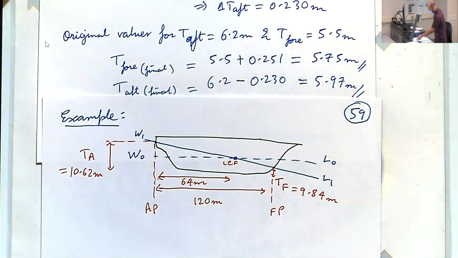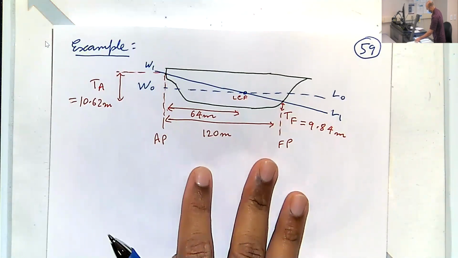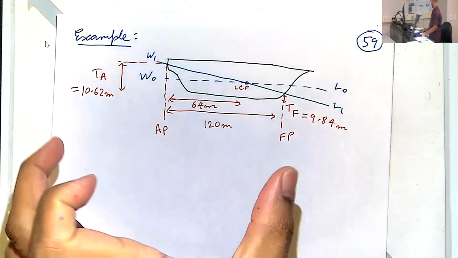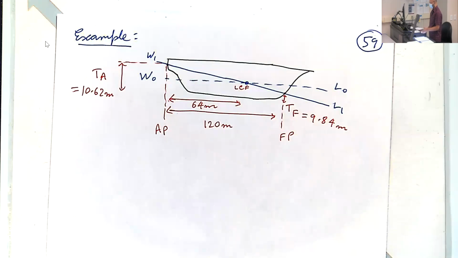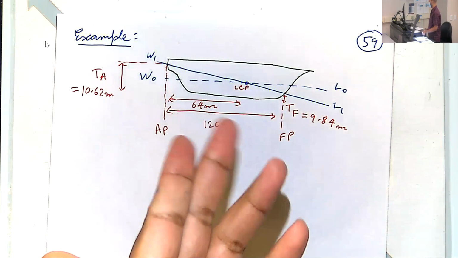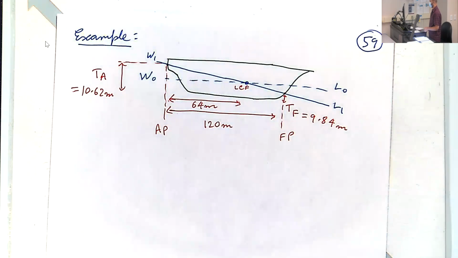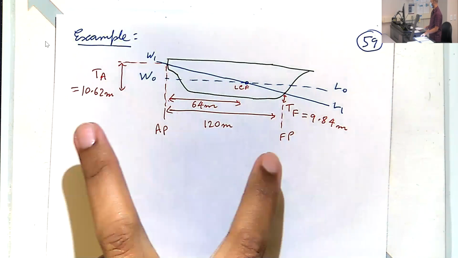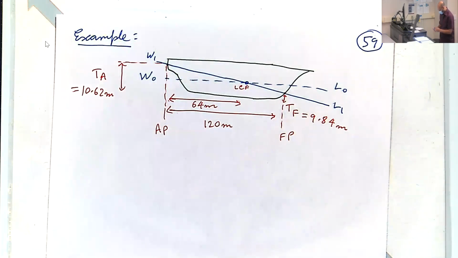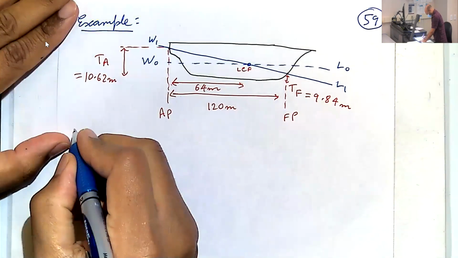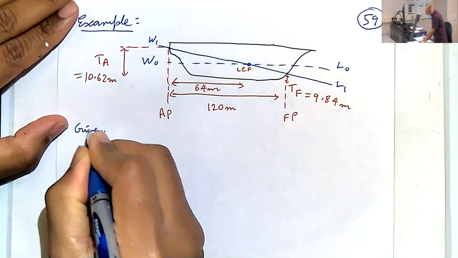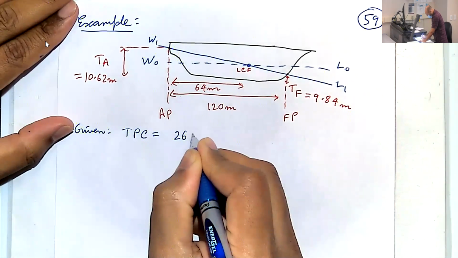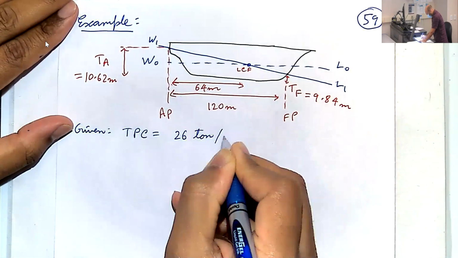Okay. Then this time what we'll do is, all right, we're not floating at even keel. We have some difference in drafts. We will start loading cargo onto the ship, and we will also start unloading cargo, and we will see how these two things change the TA and TF. We're given that TPC is 26 ton per centimeter.